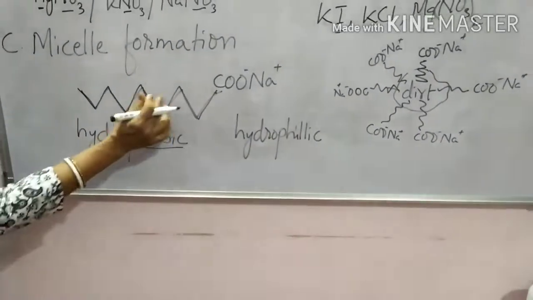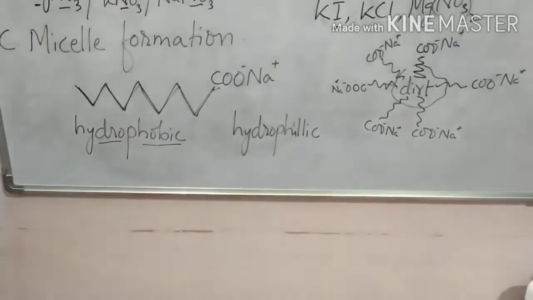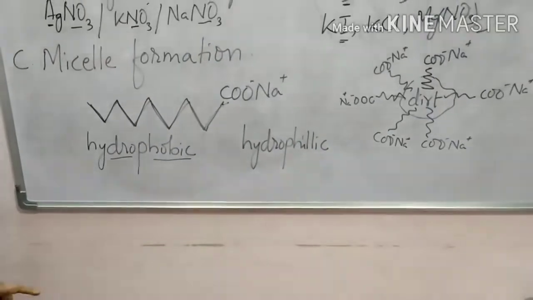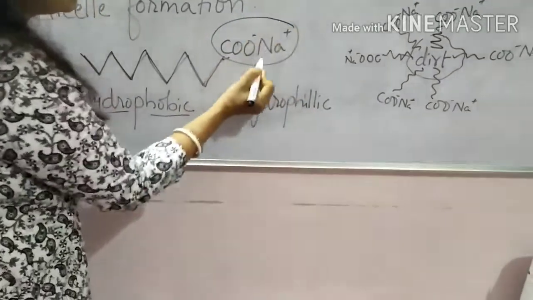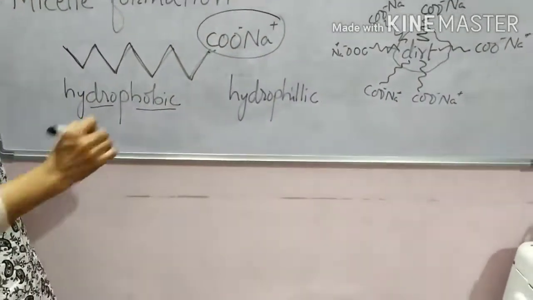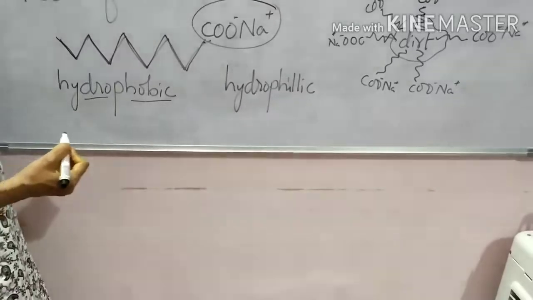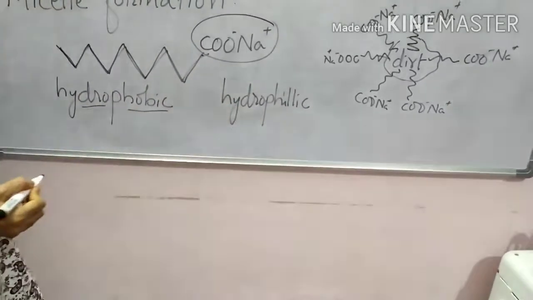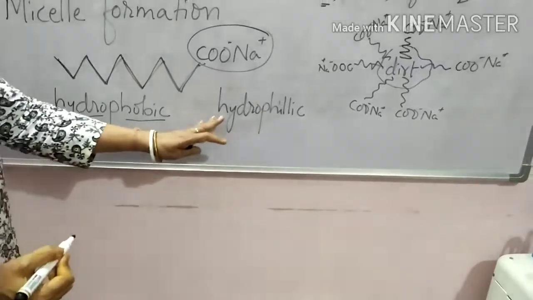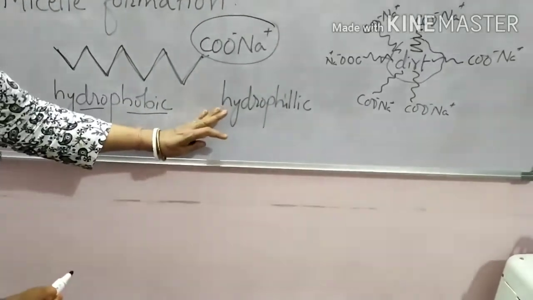The hydrophobic part always has fear of water. And the charged part, the salt of acetate, potassium salt or sodium salt, is called the hydrophilic part, which loves water and wants to be towards water.